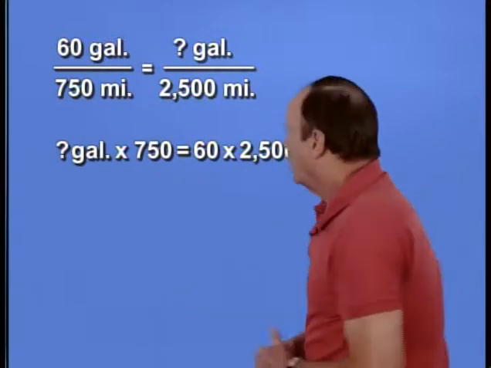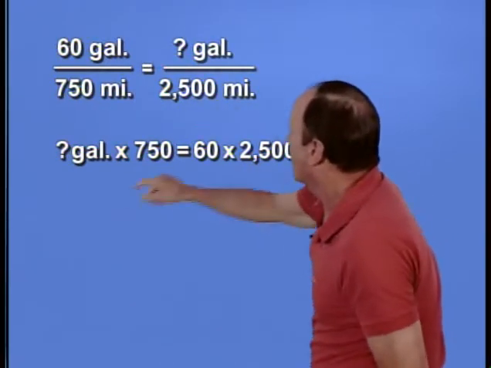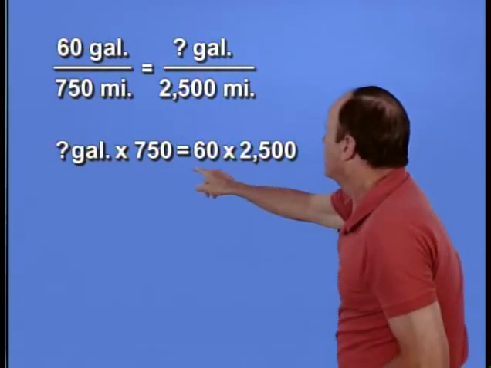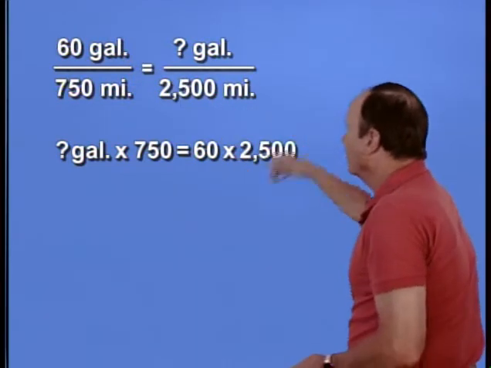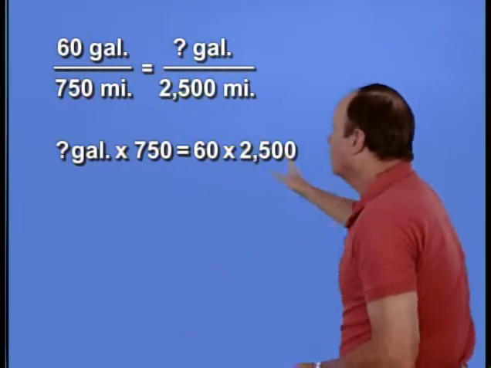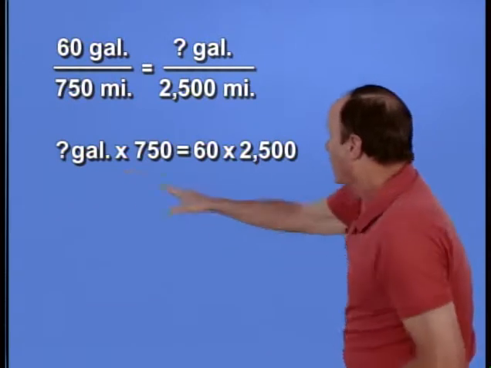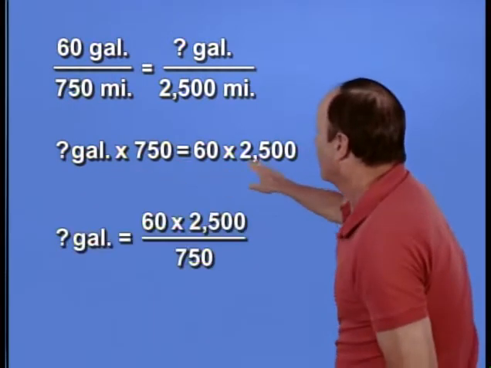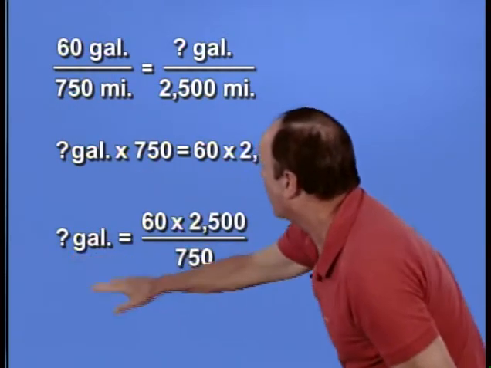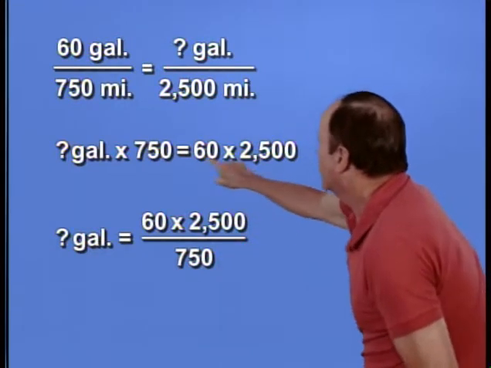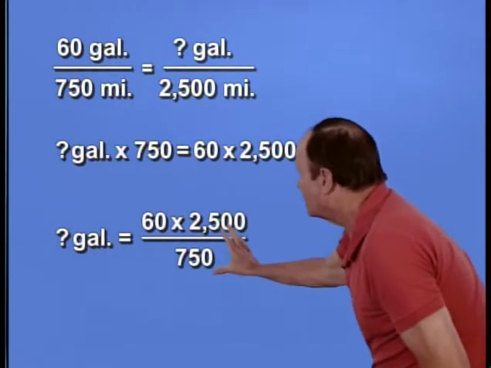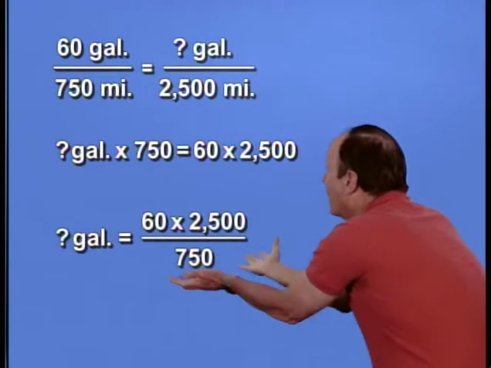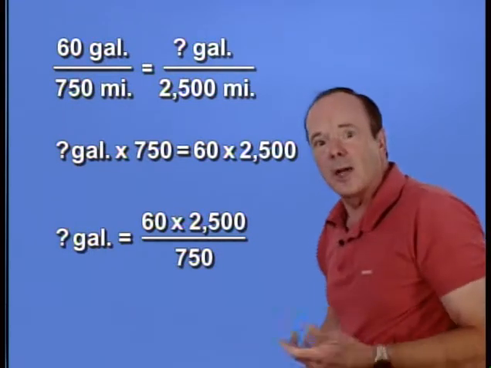So let's do that. What you would find out is the number of gallons times 750 is equal to 60 times 2,500. So to solve this problem, you cross multiply, and now all you have to do is divide each side by 750. So it works out the number of gallons is equal to 60 times 2,500 divided by 750. And once you have it down like this, it's just a calculator problem.